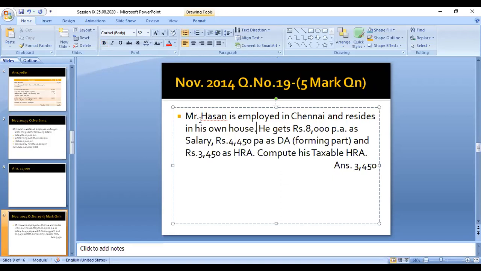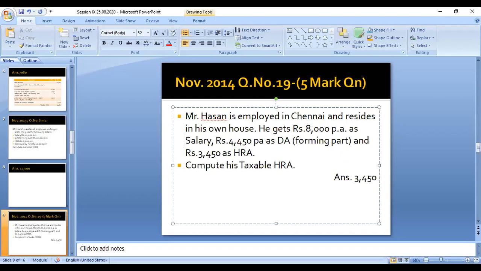So, Mr. Hassan is employed in Chennai. He resides in his own house. He gets 8,000 per annum as salary, 4,450 per annum as DA, which is forming part of the salary, and 3,450 as HRA he received. Compute the taxable HRA.